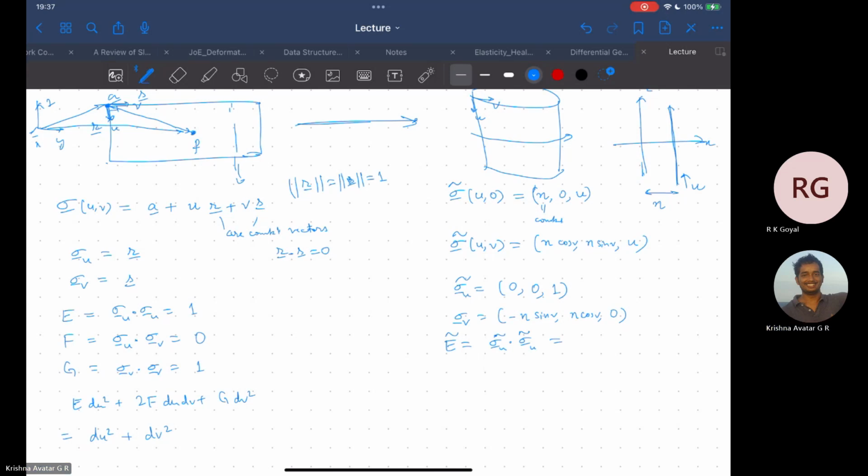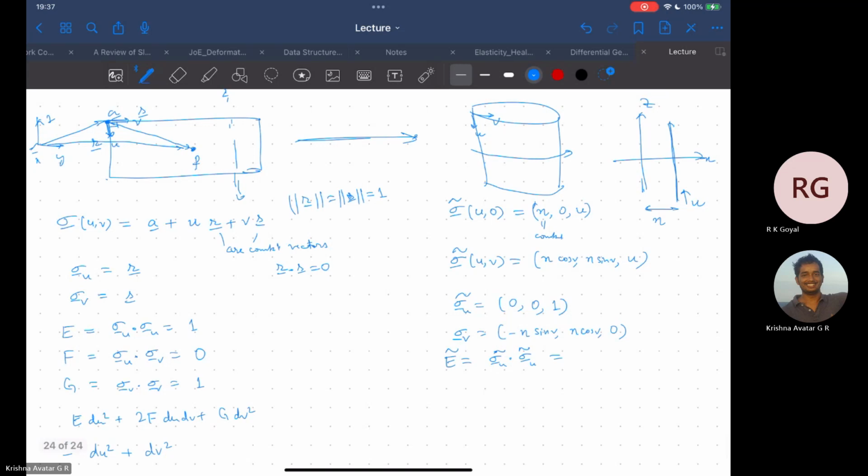I'm not sure why it's 0 everywhere. Okay. Sine v, sine v. Yeah, I think we have parameterized in a wrong manner. I hope things are well here.